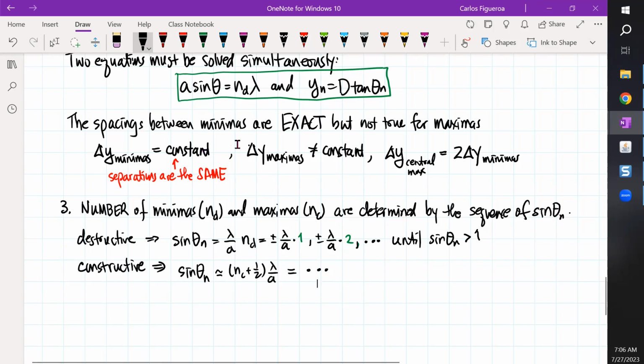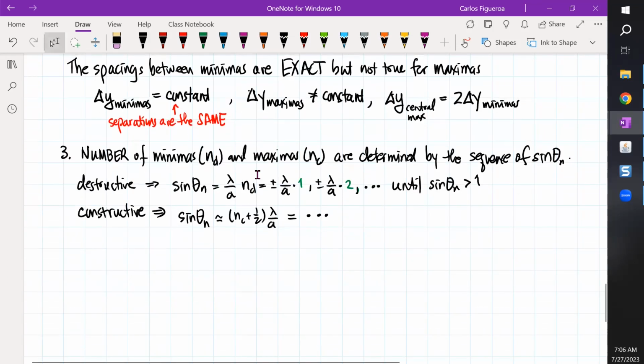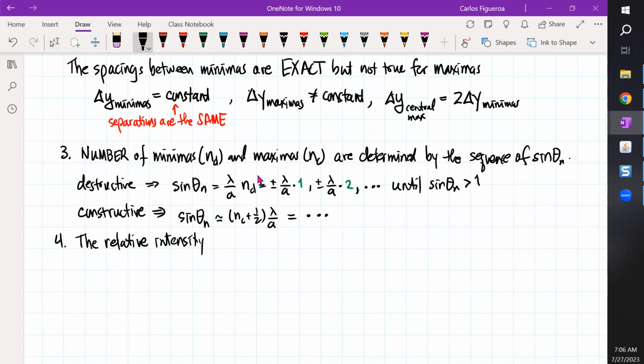And then finally, let's hit the intensity function. The relative intensity function reads like this.